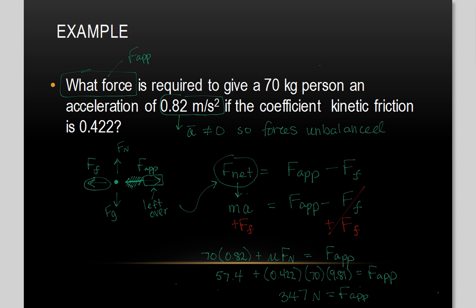So, put it this way. If you want something to accelerate, you have to meet the force of friction and then go on top of that. So the applied force must meet the force of friction, and then if you want it to accelerate, you got to give it some more force. That's why it's a sum.